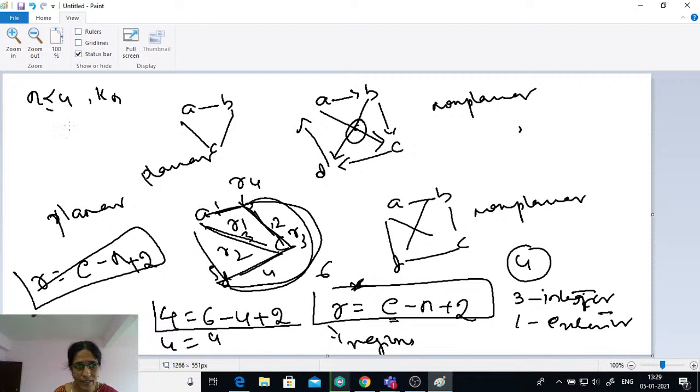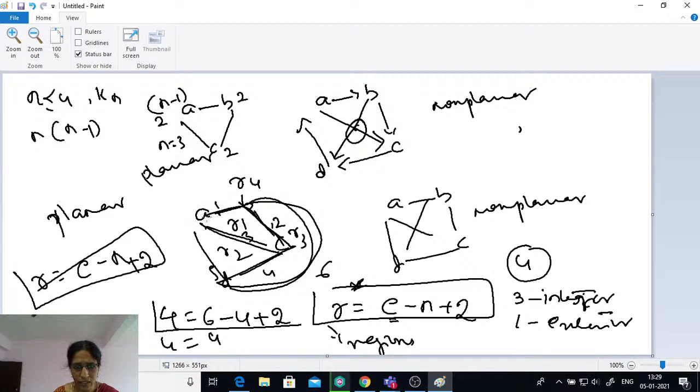How many edges are there? n into n minus 1 edges. That means every vertex has degree n minus 1. Here the degree of this one is 2, this one is 2, this one is 2, with n equal to 3. Each and every vertex has the same degree, and each vertex is adjacent to all the remaining vertices in the graph. Then we can call it a complete graph.